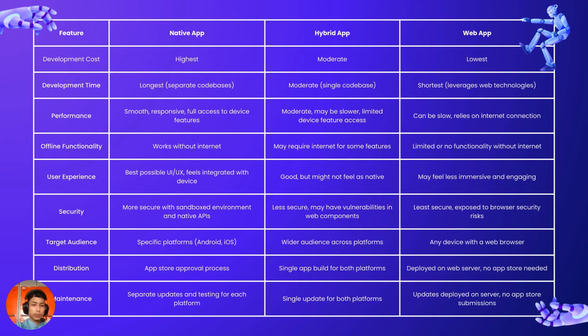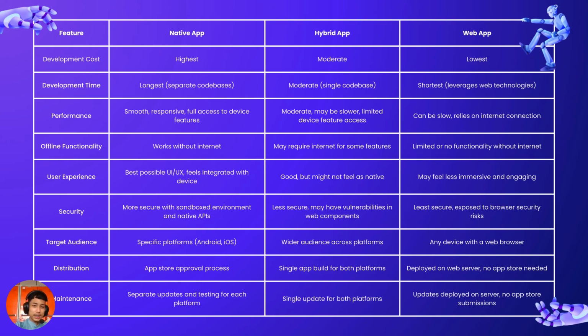For the distribution, there's a separate App Store approval process for each version of a native app, while the hybrid app has a single app built for both platforms. Then the web app is deployed on a web server, no app needed, and no storage needed also.